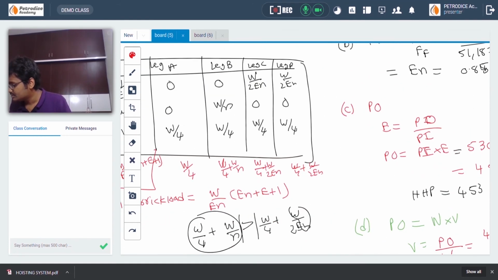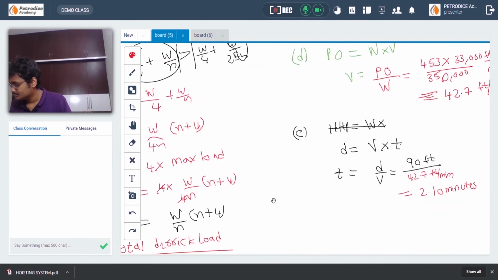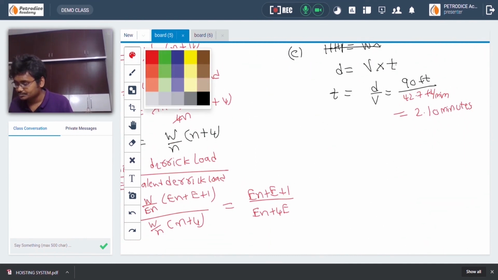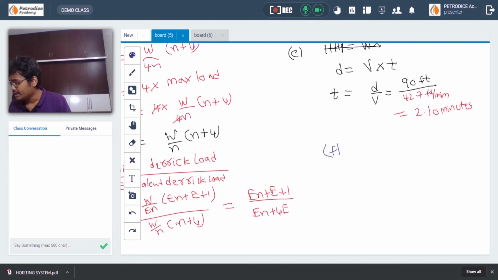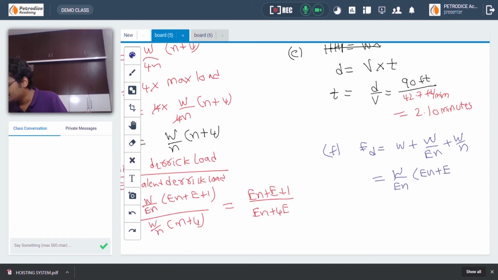Actual derrick load F D is equal to W plus W by the hook load plus fast line load plus deadline load, En plus W by N, that is W by En, En plus E plus 1.